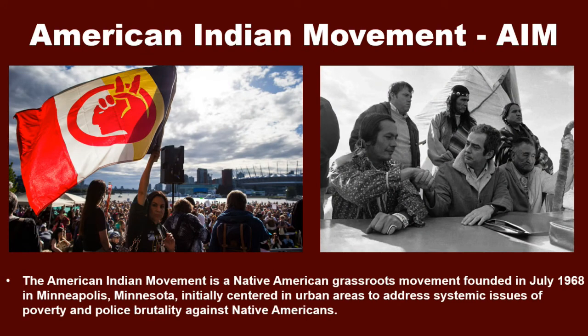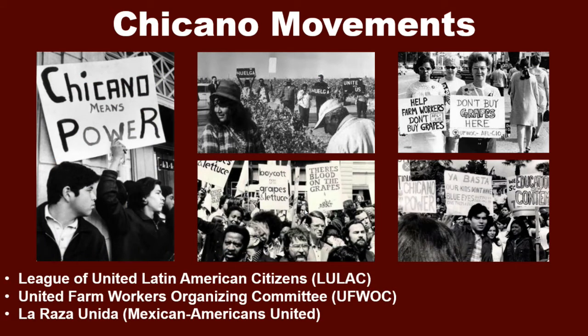The American Indian Movement, or AIM, was centered specifically around the fight for civil rights for Native Americans, and they are going to be fighting to end poverty amongst their community, as well as ending police brutality. The Chicano Movements.